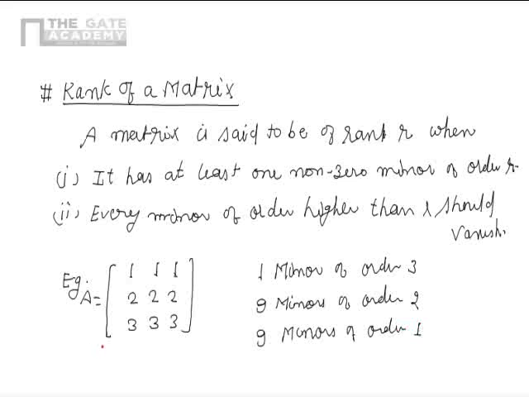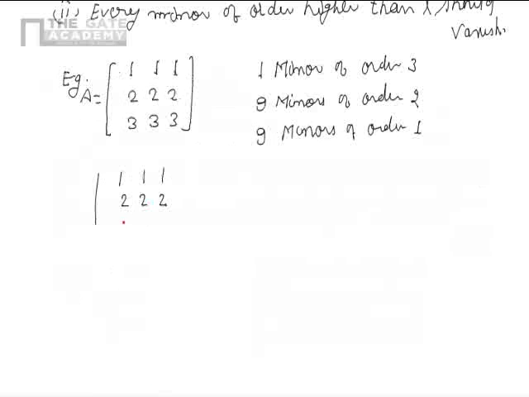What I need to check in this matrix is that I will always start with the highest order minor. Here there is only one minor of order 3, so I will check the determinant of the matrix 1 1 1, 2 2 2, 3 3 3. As we know, if I calculate the determinant of this matrix, it will be 0.